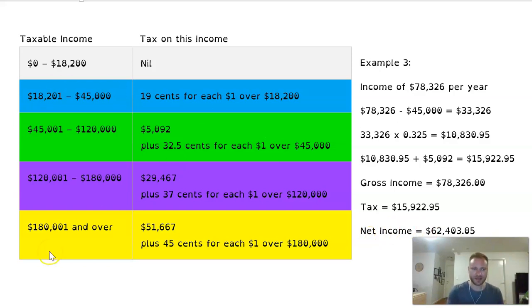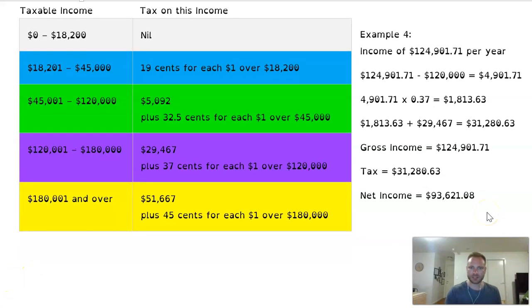So that puts us into that second bracket. And to run you through example 4 real quick without going through it one at a time, this time your income is $124,901.71. So a bit of a bigger figure here with some decimal points. We've got our taxable income minus the bracket that we're in, $120,000, which leaves us with this amount. We times that by 37 cents, leaving us with this amount.